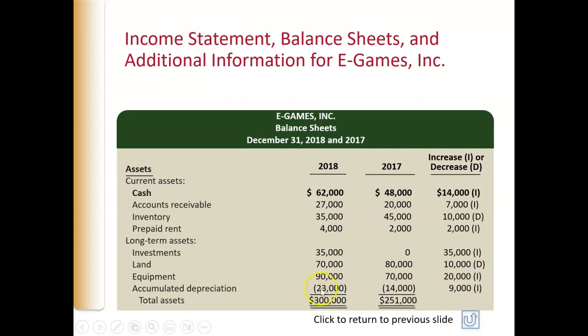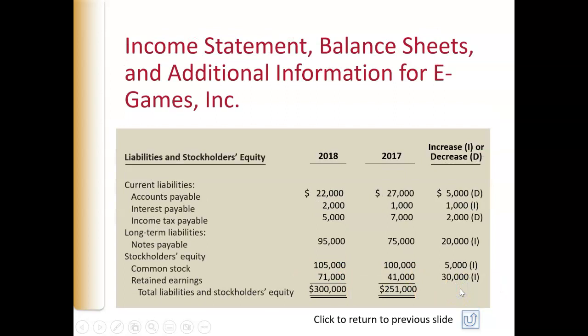That increased 9,000. Here in our liability and stockholders equity section, you see our accounts payable went from 27,000 in 2017 to 22,000 in 2018. It decreased.